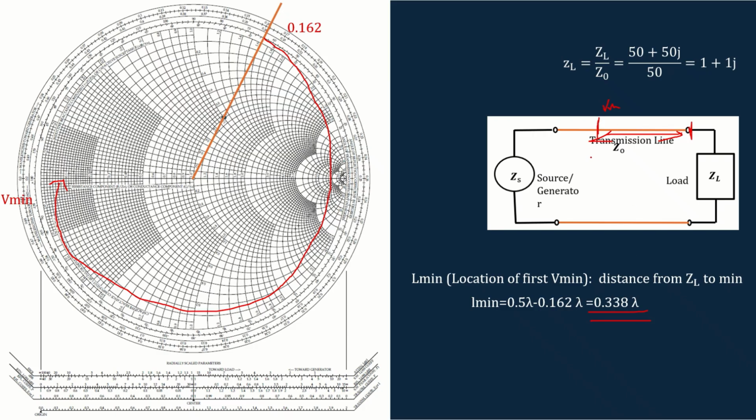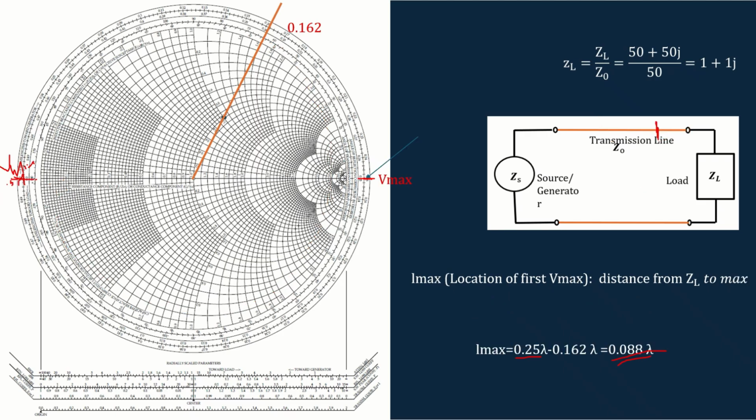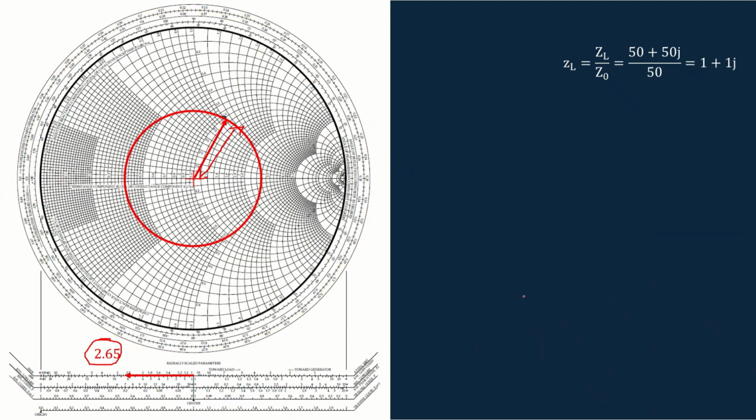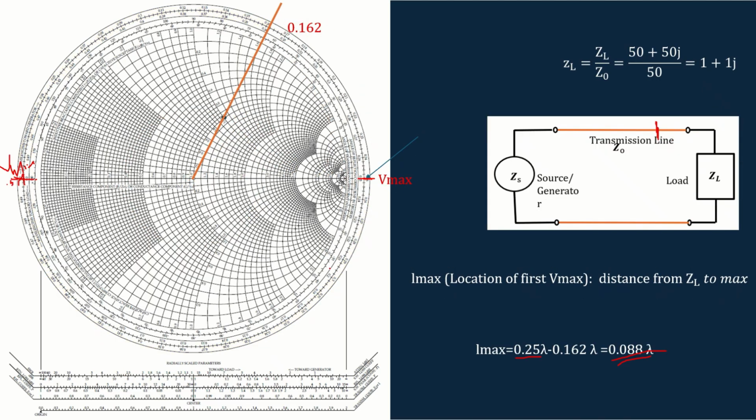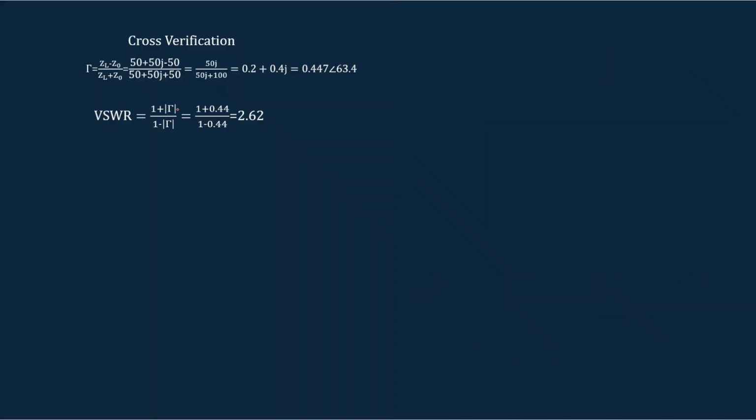So now we have identified the position of the V minimum, position of the V maximum, and also the VSWR. So this is how you can utilize the Smith chart. So this is just the cross verification using the equation. Here you can see that the reflection coefficient can be given by this expression. So we have this is our load.